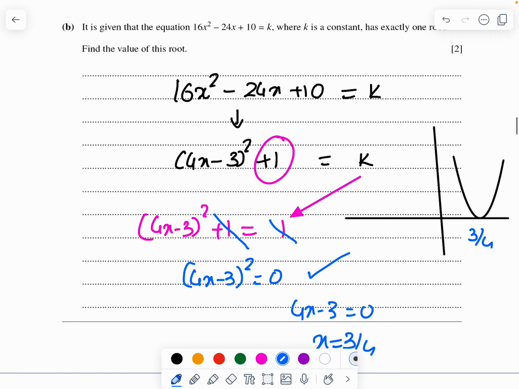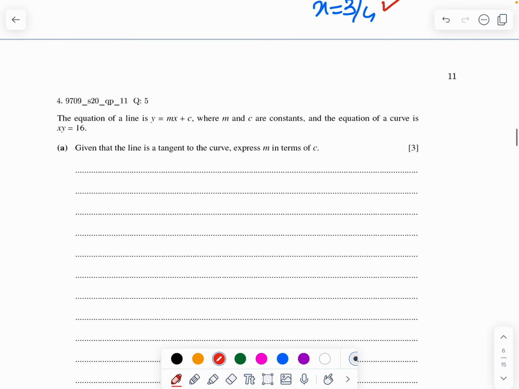So what is the suitable value for k? 1, so that it becomes a perfect square without any additional constant, and it will touch the x-axis at only one point. And the value of this root is 3 upon 4.